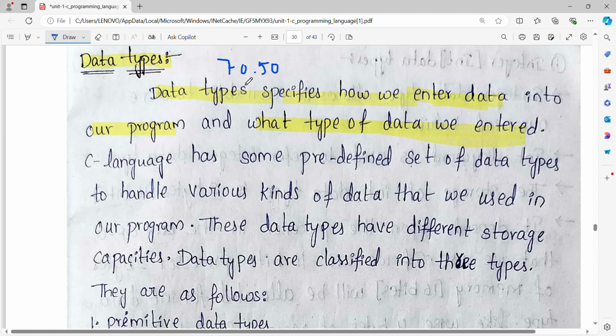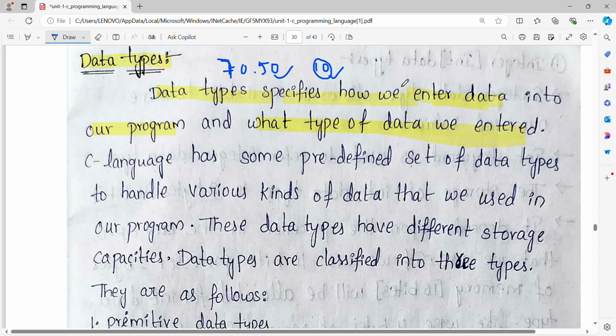This is called a decimal number. It has a fractional part. Or 10, which is a round value; it doesn't have any fractional part.